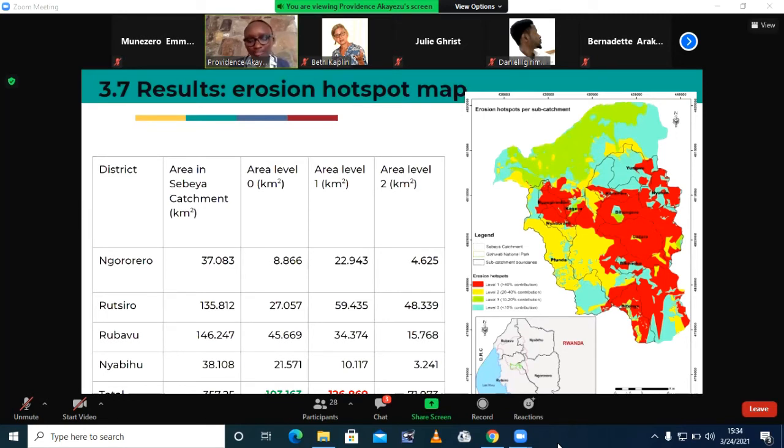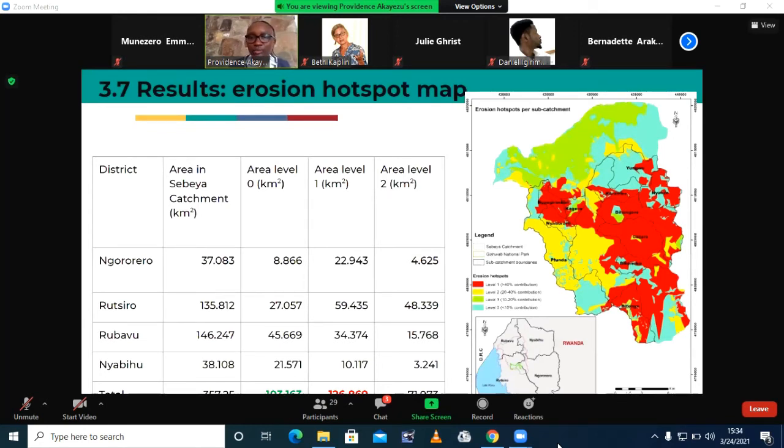Level 1 means that that site contributes more than 40% of the sediment discharge, the sediment load, into the river. Level 1 is very dangerous, in the red color. So these are contributing much compared to the others. And level 2 contributes 20 to 40% to the river sedimentation. And this is the yellow color.